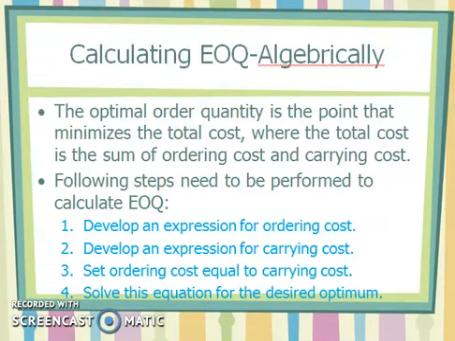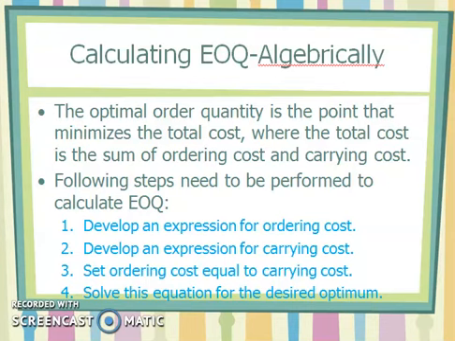Now the next thing is how we'll calculate EOQ algebraically. The optimal order quantity is the point that minimizes the total cost, where the total cost is the sum of ordering cost and carrying cost.